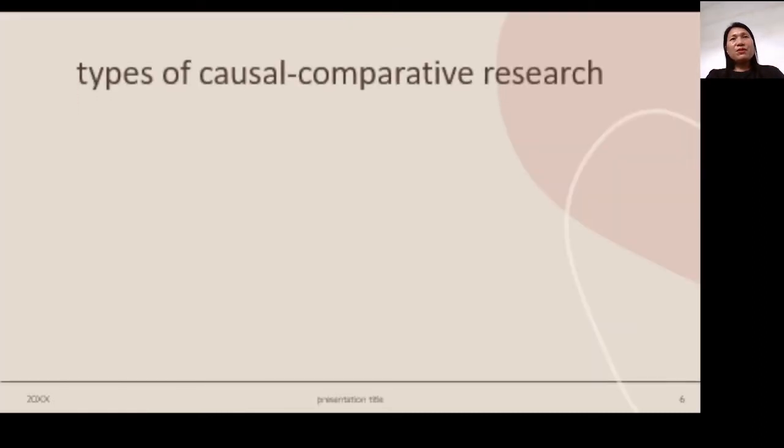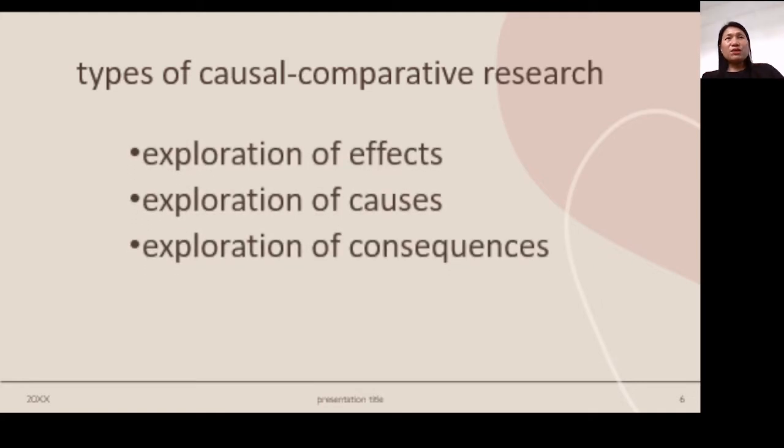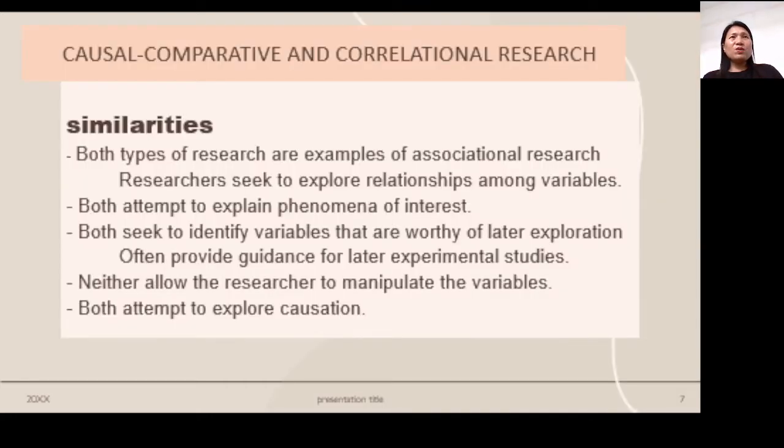In the book of Fraenkel and Wallen, there are three types of causal comparative research. These are exploration of effects, exploration of causes, and exploration of consequences. Now, how is this causal comparative research similar to or different from correlational research?